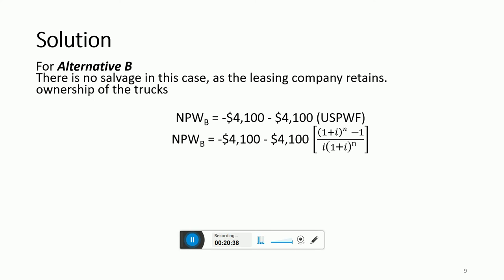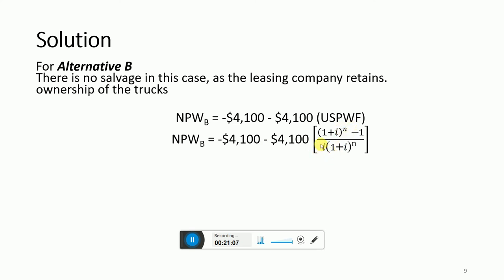In this formula, i is 0.08 or 8%, and we will use n as 3, not 4, because it is only for 3 years, as 1 year we have already put in the initial value.